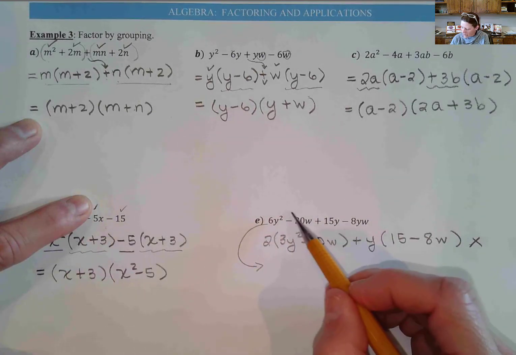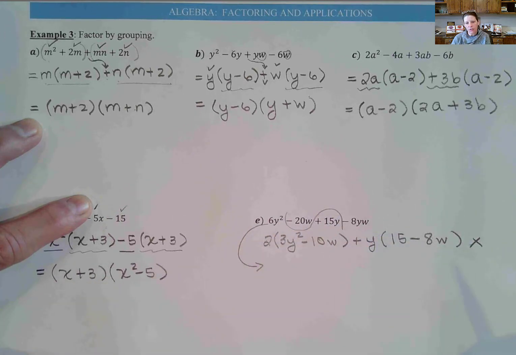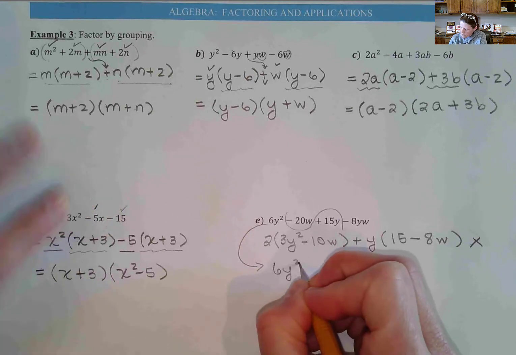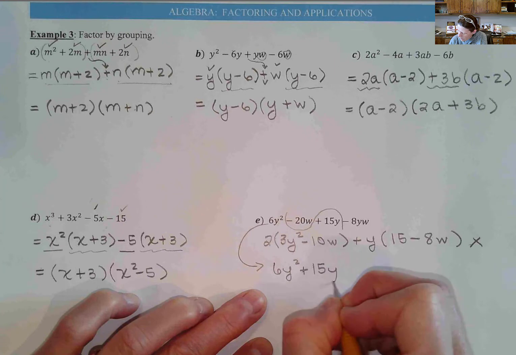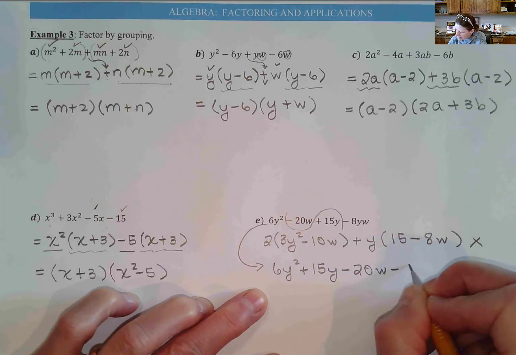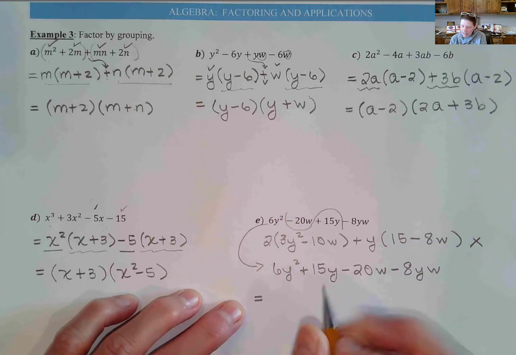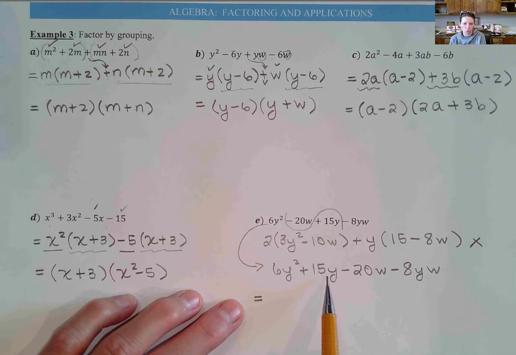I'm going to rearrange terms here and just transpose these middle two terms and rewrite this expression 6y squared plus 15y minus 20w and minus 8yw. Now, what I see happening here is now our first two terms have a common factor that includes the variable y.